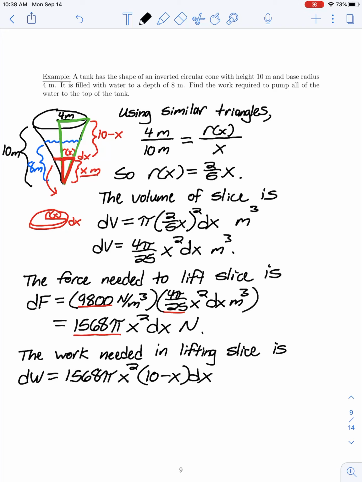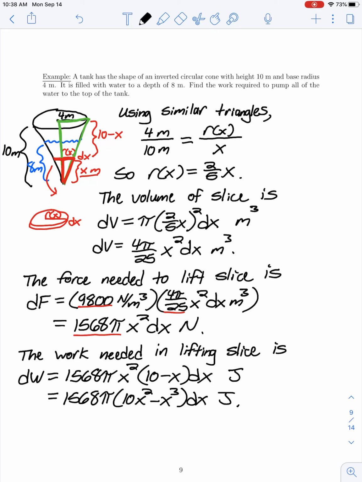So our unit would then be newton meters or joules. Or if we distribute this x squared term, we have 1568 pi times 10x squared minus x cubed dx joules.